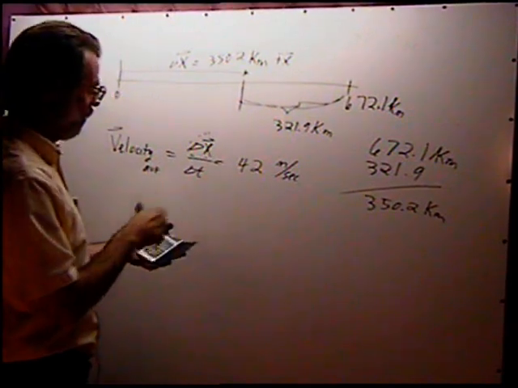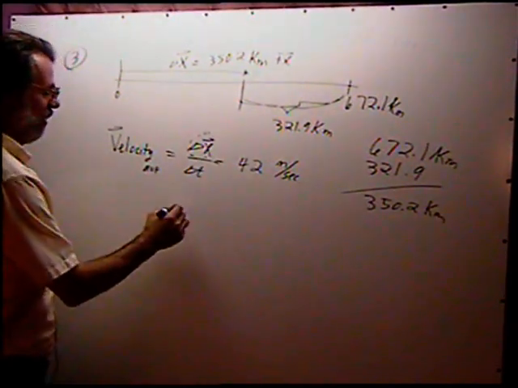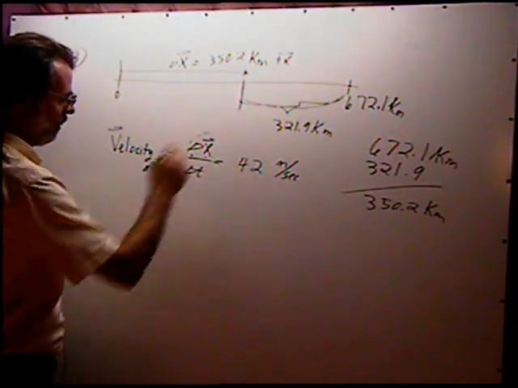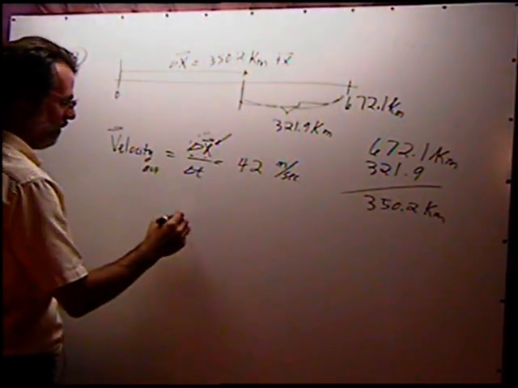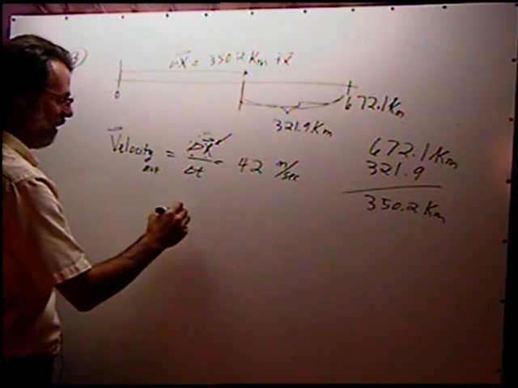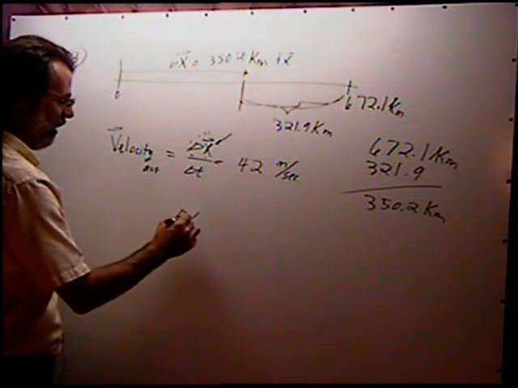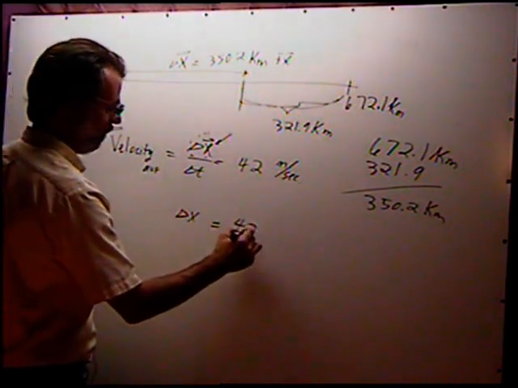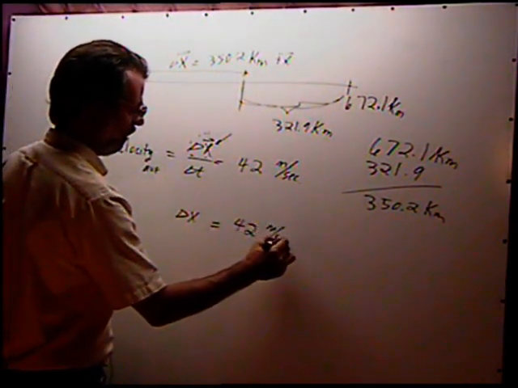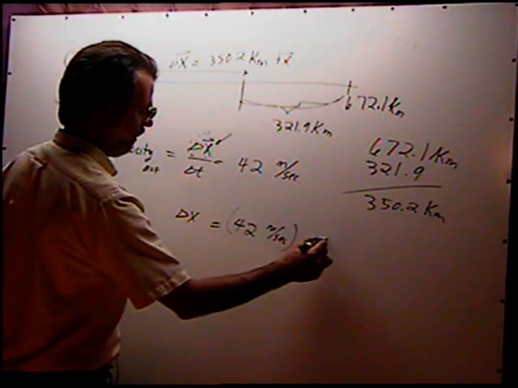So the question is to solve for the time. If we take this equation here, we know what this is, we don't know what this is. So we solve for time, and we say delta x equals 42 meters per second times delta t.